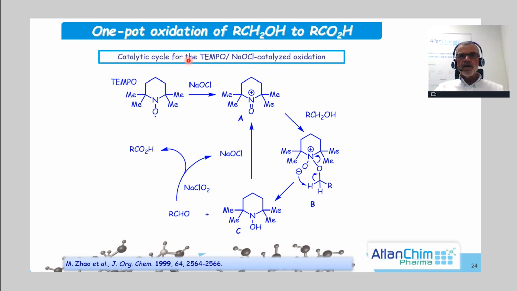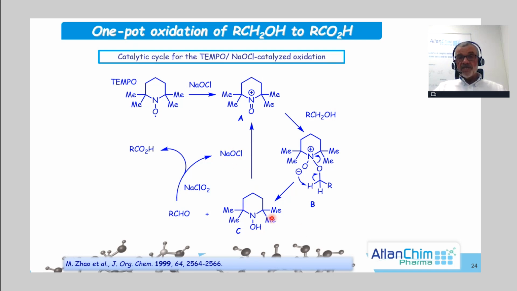A catalytic amount of sodium hypochlorite oxidizes the TEMPO radical to the N-oxoammonium ion A, which in turn rapidly oxidizes the primary alcohol here to aldehyde following this intermediate B and gives hydroxylamine C. The aldehyde here is then oxidized by sodium chlorite to the carboxylic acid, and sodium hypochlorite is regenerated.